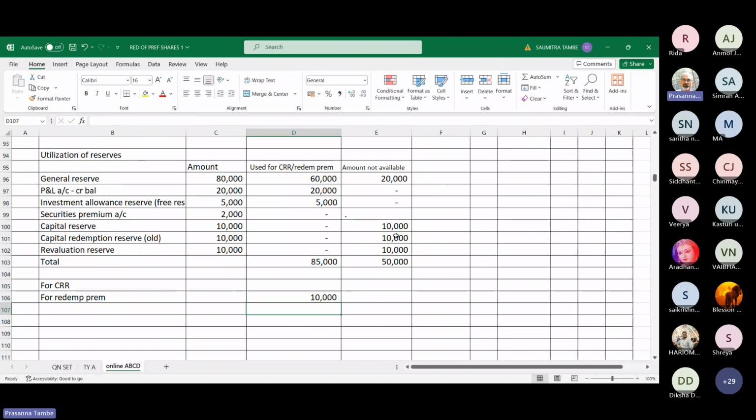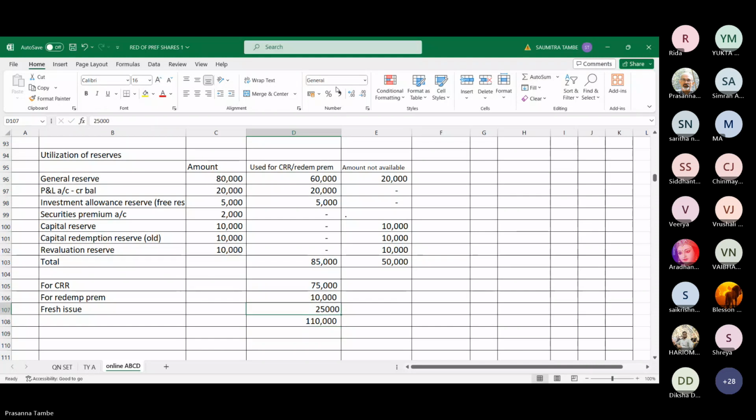We can use any of these reserves, that's not a problem. All of them are free reserves, and 75,000 for CRR. That means we need a fresh issue to the extent of 25,000. So this will total up to 110,000. That's what we need.